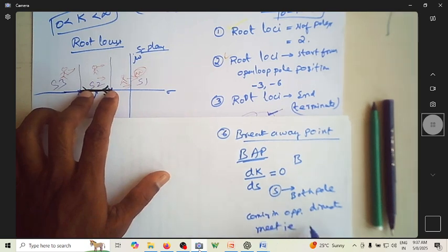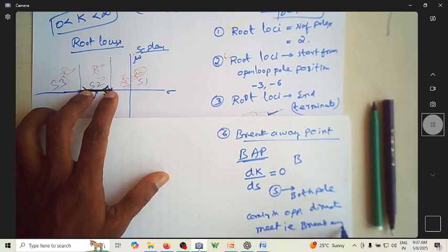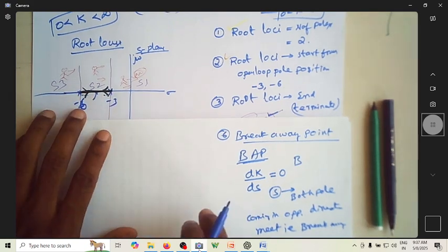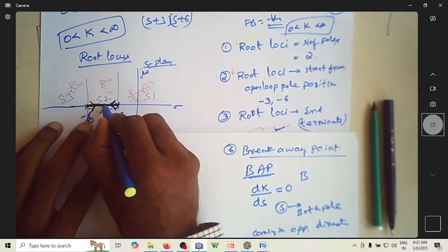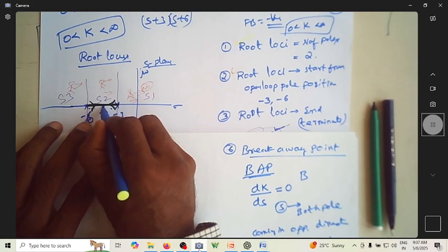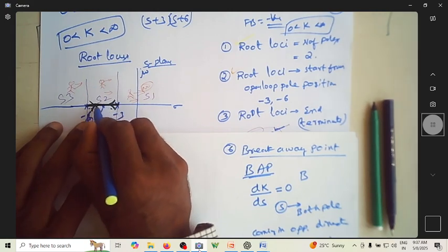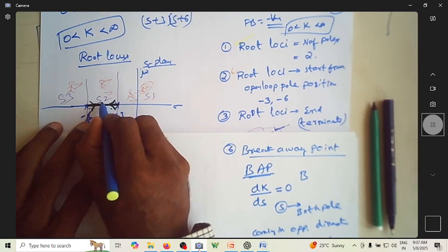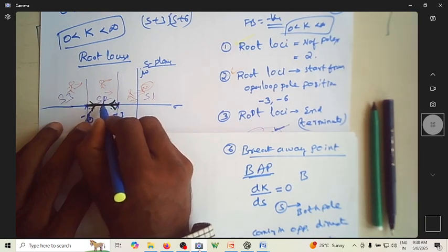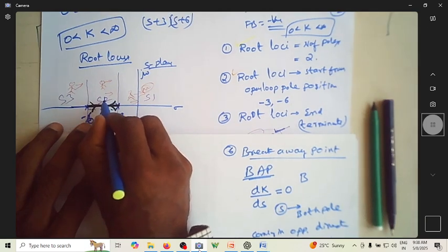That is nothing but where they break. So now the breakaway point. Once they break, they will actually become complex, because once the poles are on the real axis, they are real. Now when they break, they will become complex. You can see it is becoming complex here.